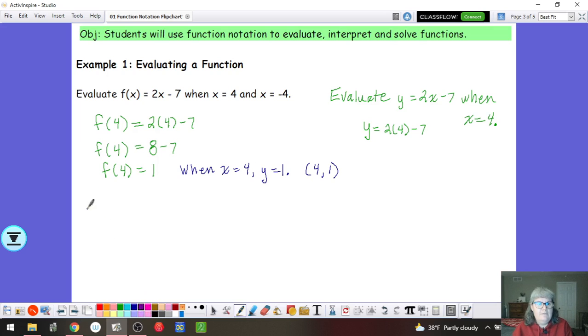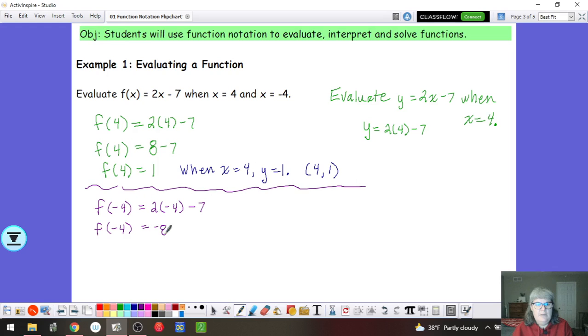So let's evaluate the function when x is negative 4. So f of negative 4 will equal 2 times negative 4, subtract 7. And just like we did before, we're going to simplify the right-hand side. So that's negative 8, subtract 7.